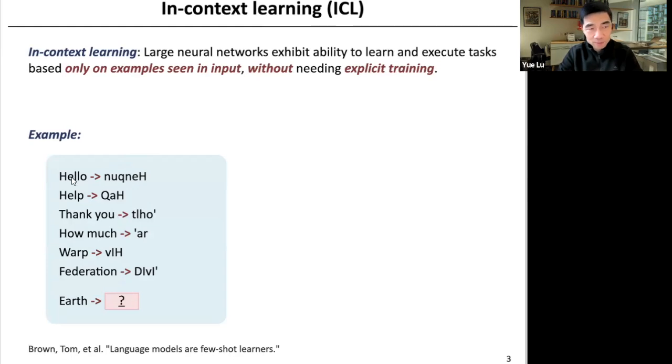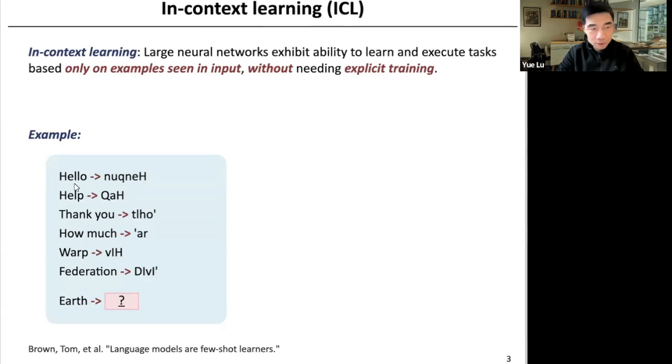So this is the input that you can send to ChatGPT. It's a sequence of pairs of words: hello, follow, arrow, and a word, help, arrow, a word, and so forth. And the last word, earth, arrow, but then you want GPT to guess what is the corresponding word you would need.